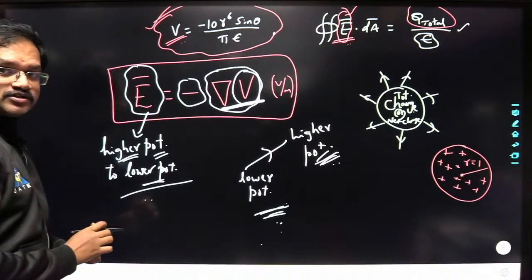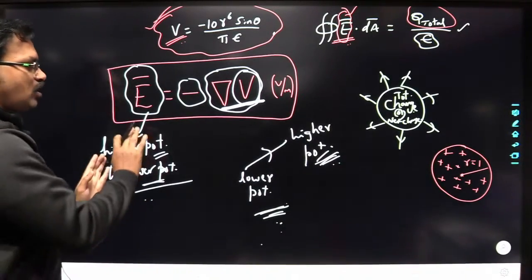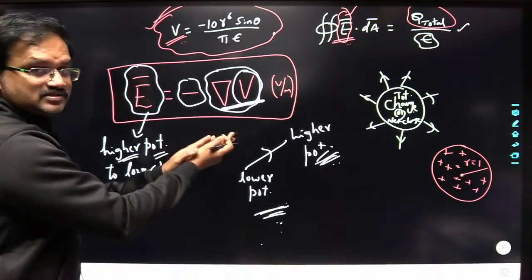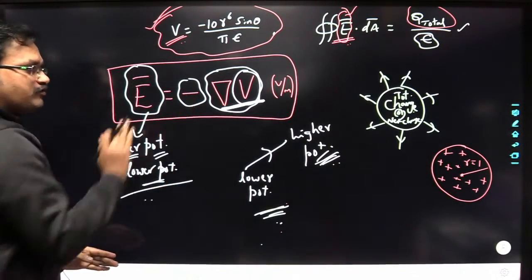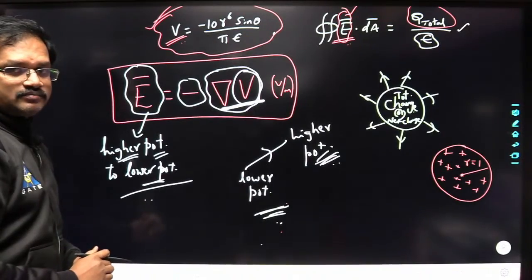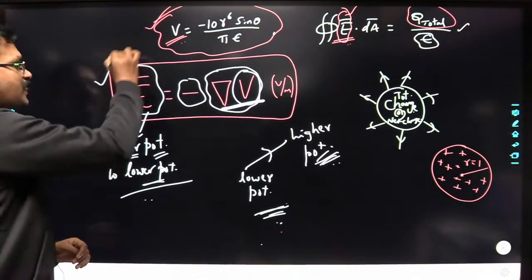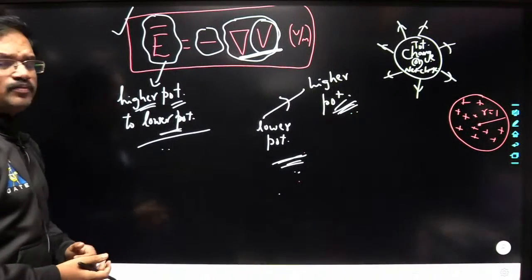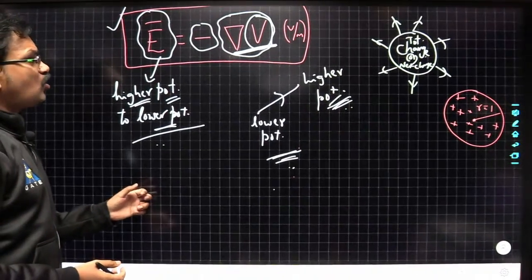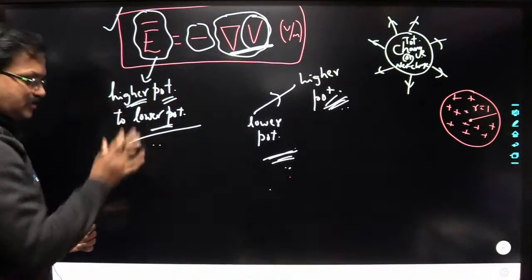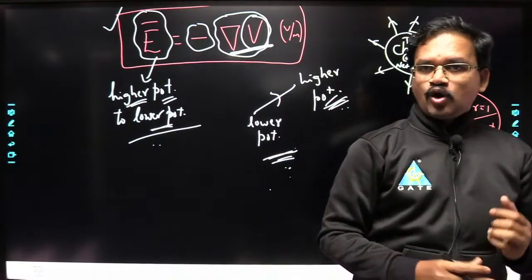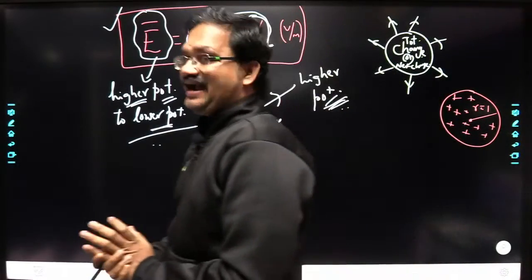Whenever we are equating, the LHS must be the same as the RHS, and that's why we have put the minus sign. So this is the relation between electric field and potential, and this relation is valid only for static fields.